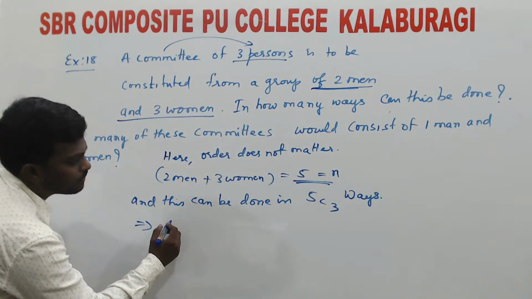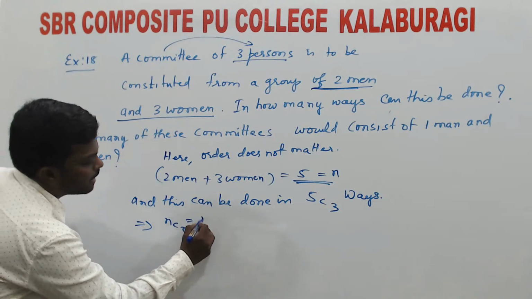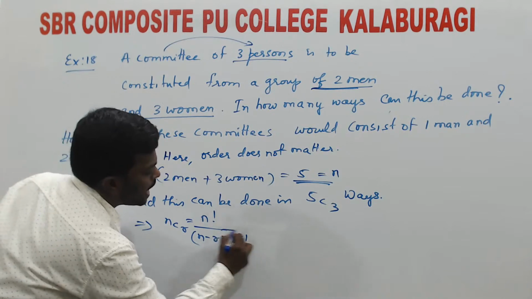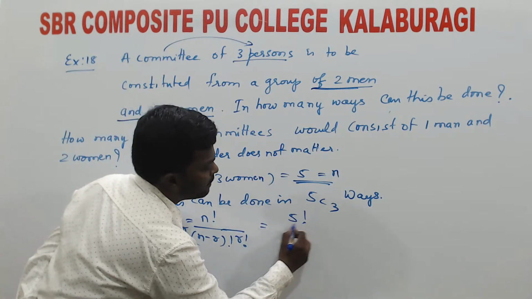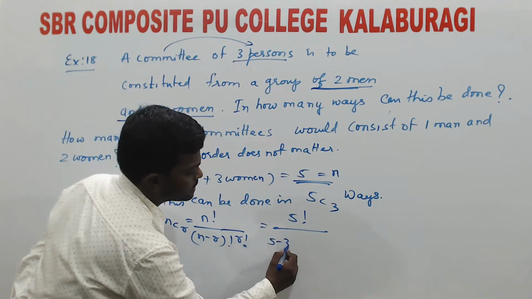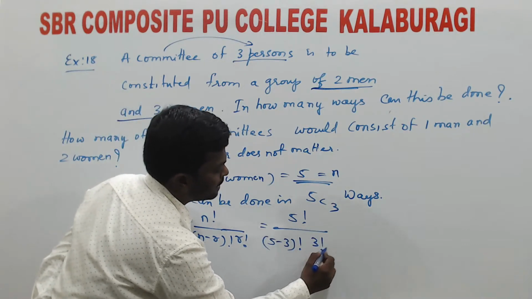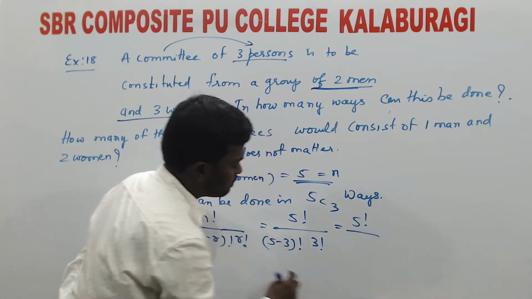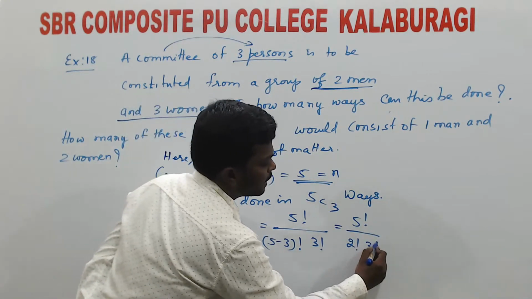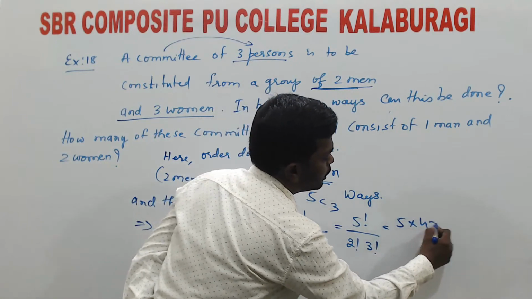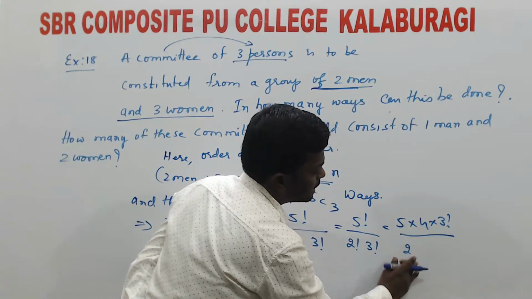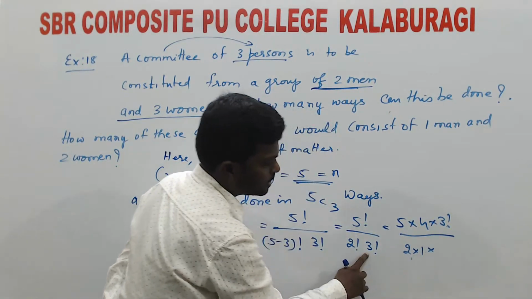What's the formula of nCr? n factorial by (n minus r) factorial into r factorial, which is equal to 5 factorial by (5 minus 3) factorial into 3 factorial. 5 minus 3 is 2, so 2 factorial into 3 factorial, which is equal to 5 into 4 into 3 factorial divided by 2 into 1 into 3 factorial.